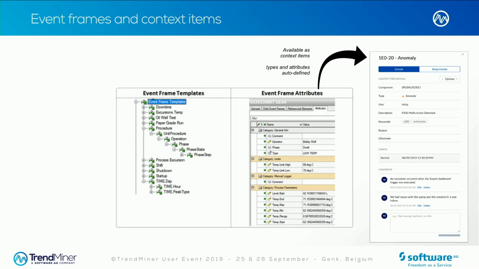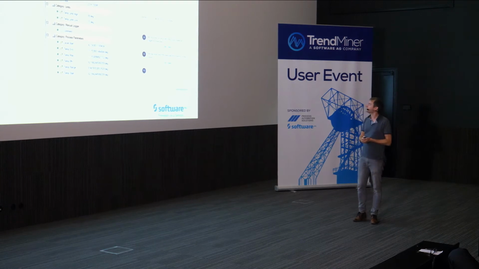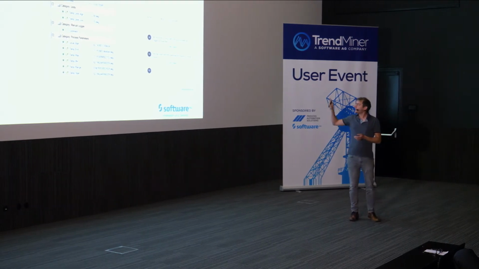So what you would get is that whenever you set up event frames that implement certain templates, for each template definition, you would see a context item with that particular type, with the type being mapped to the event frame template, and all the properties of your event frame would become available in context items as properties on the context item. So that's how that side maps out.